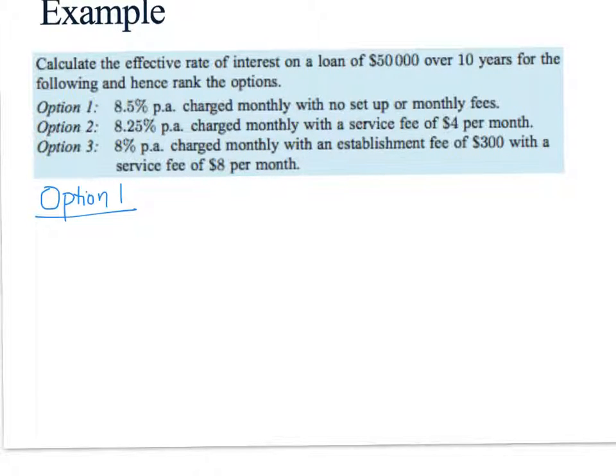This is the one where it's pretty easy. We have 8.5% per annum charged monthly with no setup or monthly fees, okay. So because there's no setup or monthly fees, that means that there's no need to compare the effective interest rate. Does that make sense?